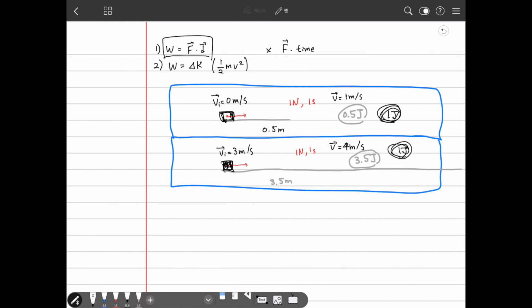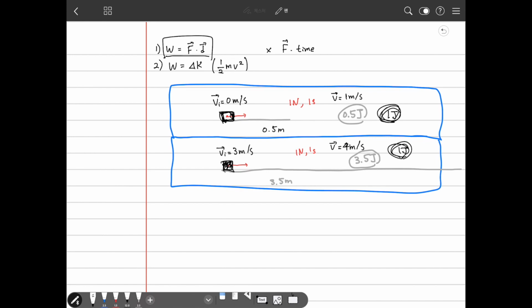And in fact, that is right. Because work is the change in kinetic energy. When the initial velocity of the white block is slower than the black block, we do less work on the white block than the black block, because the black block is faster and moved a greater distance.